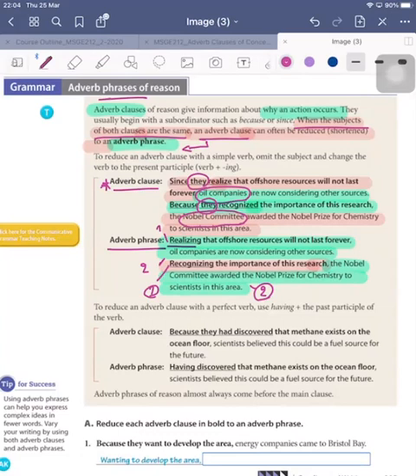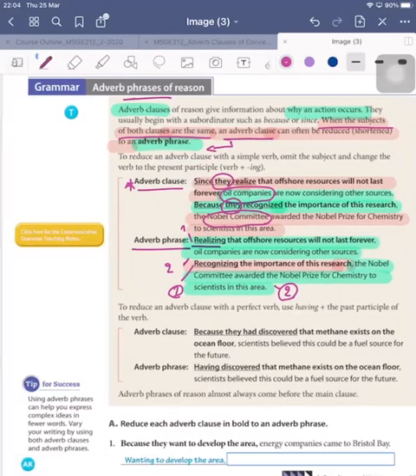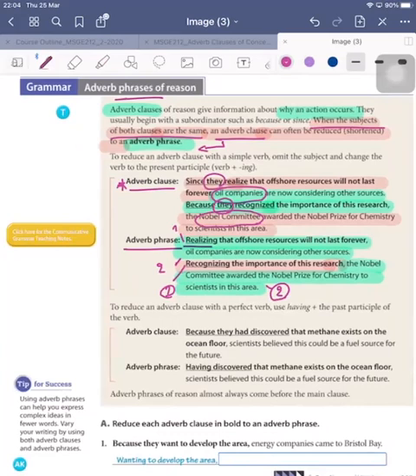What you need to be careful about, though, is what I'm highlighting at the top part here. The subjects must be the same. Whenever you have different subjects, okay, for your main clause and for your adverb clause, then you cannot reduce the form. You cannot shorten it anymore, okay? I'll give you an example.